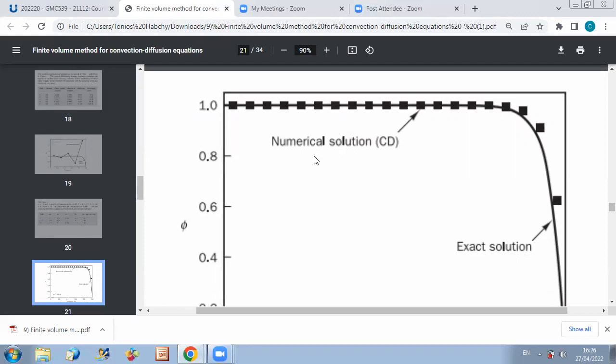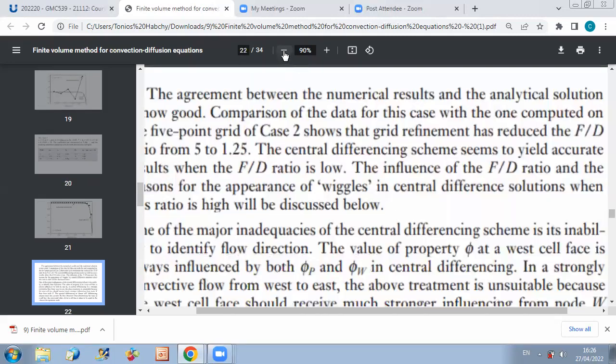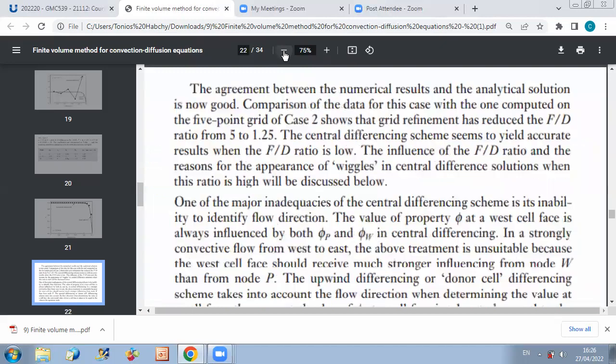Even though we are still using central difference, the difference is that when we decrease the size delta x, we are able to have an accurate solution because the Peclet number was reduced below 2. So, as interpretation, we can say that the agreement between the numerical results and the analytical solution is good when we increase the number of grid points.